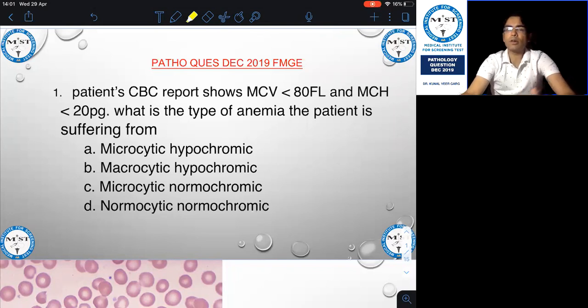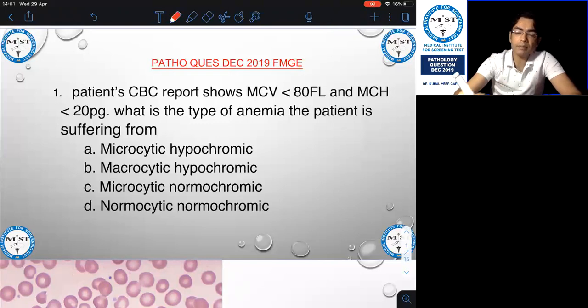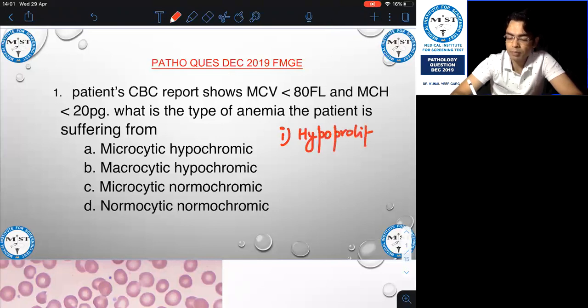Now see, by the options we understand, and in the question also the examiner has asked you what type of anemia the patient is suffering from. If we talk about the types of anemia, broadly there are three types. First, hypoproliferative.